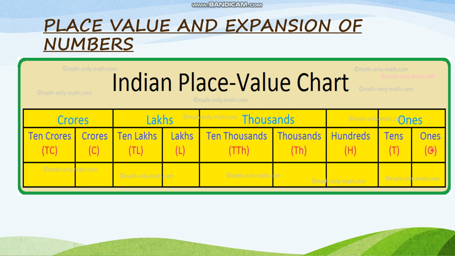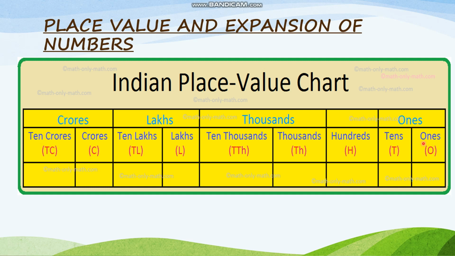For denoting ones we can write O, for tens we can write T, for hundreds H, thousands TH, and 10,000s TTH, lakhs L, 10 lakhs TL, crores C, 10 crores TC.